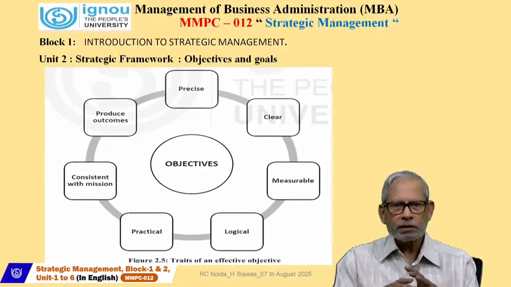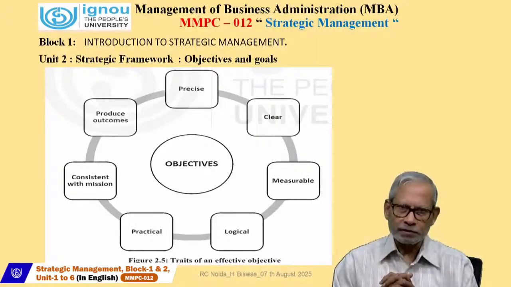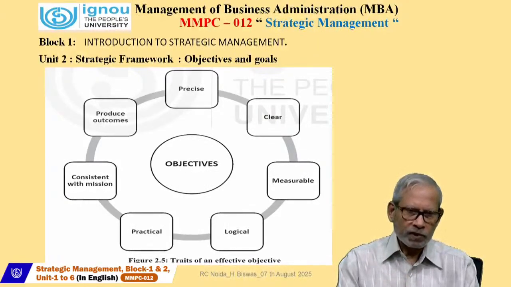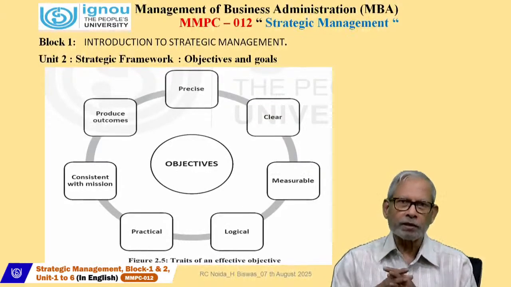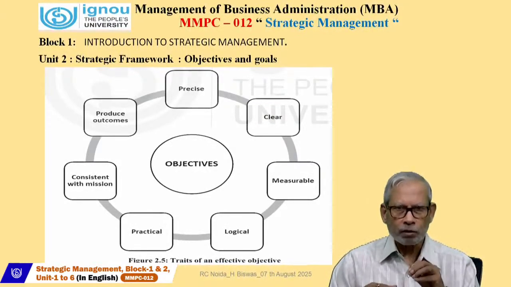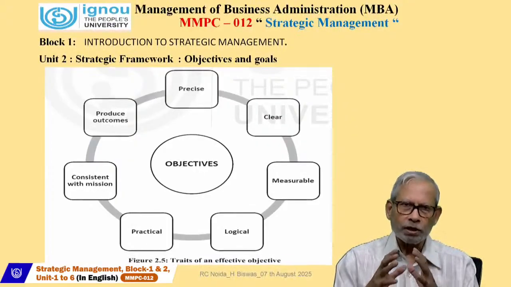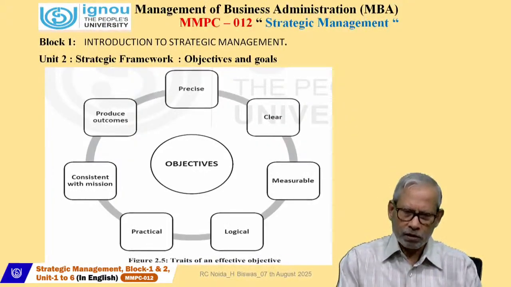So all these things are part of your objectives. Therefore, if your questions are coming regarding objectives, then you have to explain all these parameters, all these components one by one. This is all in totality the objectives.